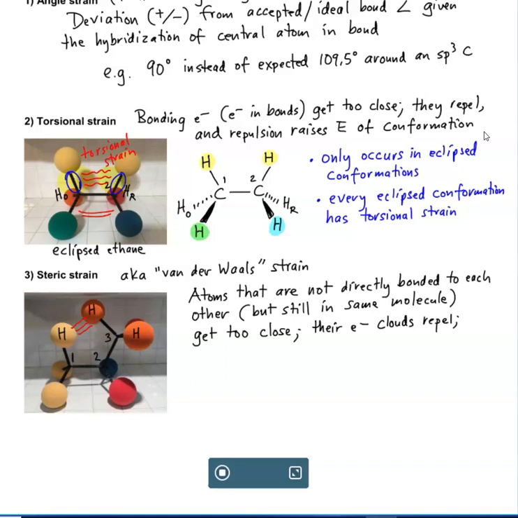And the repulsion raises the energy of the conformation. Now it's important to notice here that steric strain can occur in both staggered and eclipsed conformations.